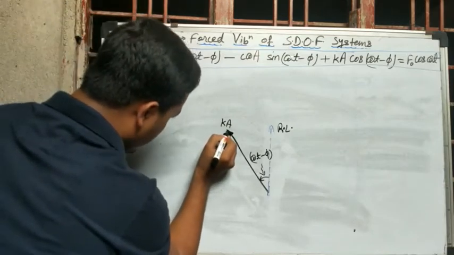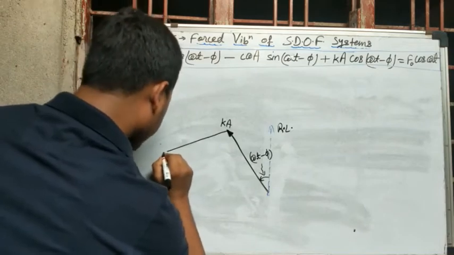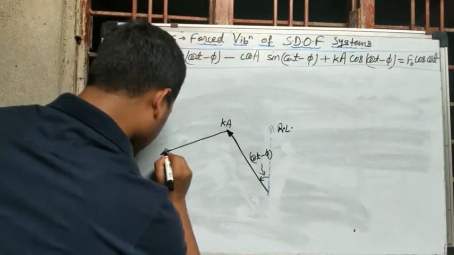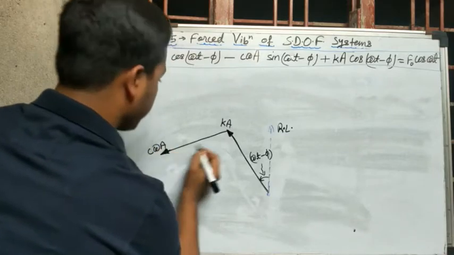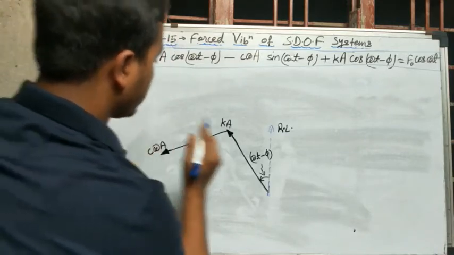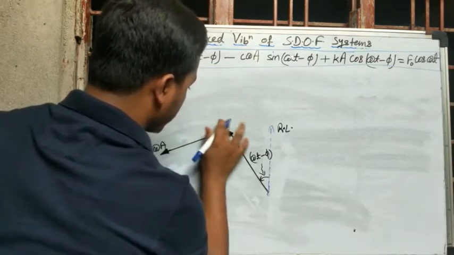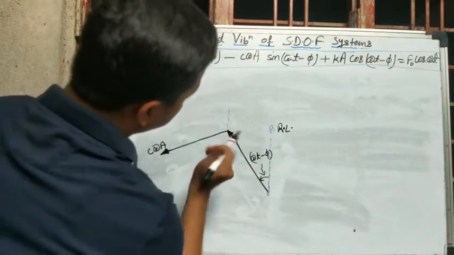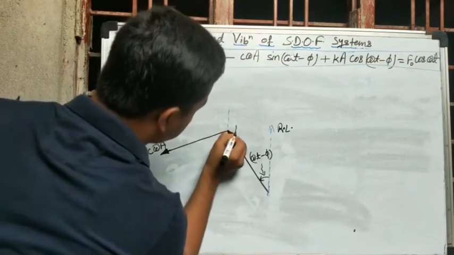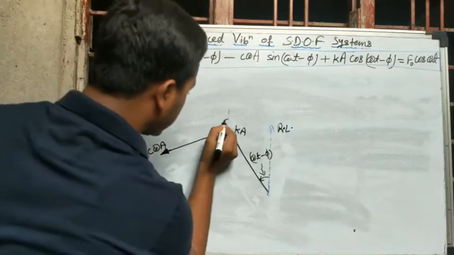So I will draw c omega a something like this. This is c omega a, and from the reference line, the angle of c omega a means this angle.